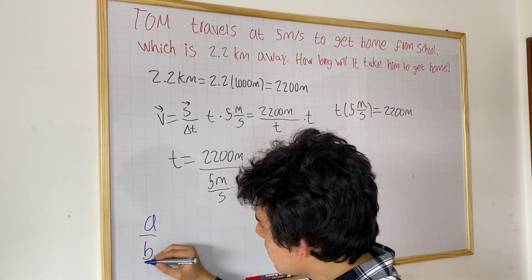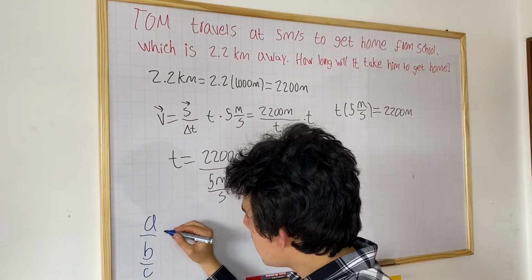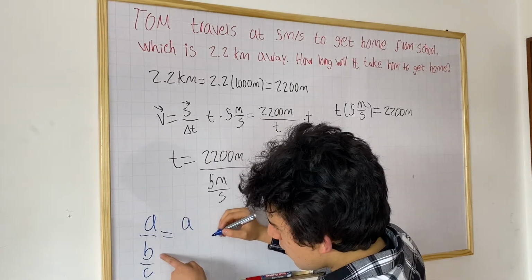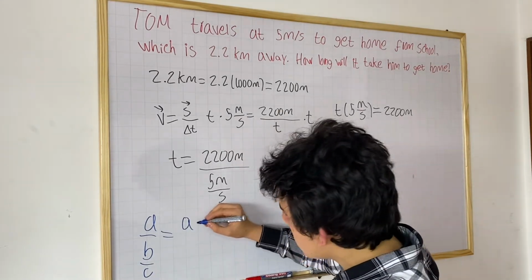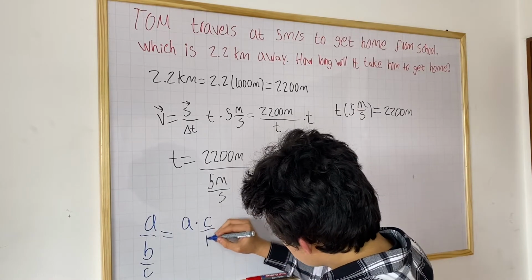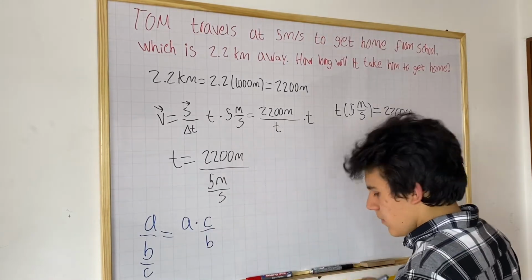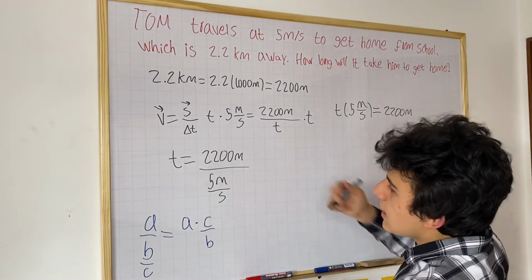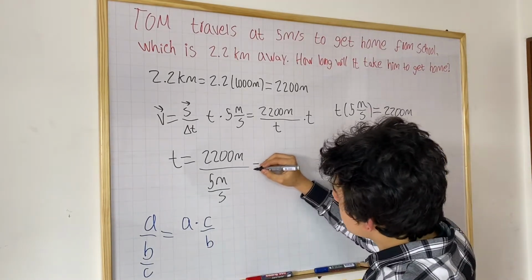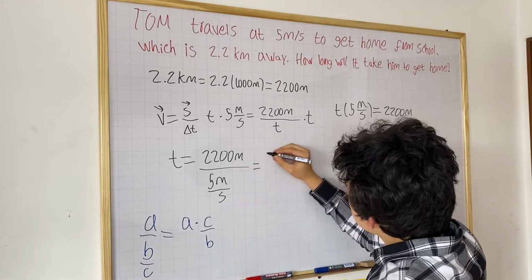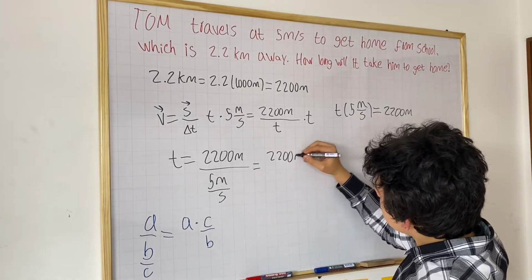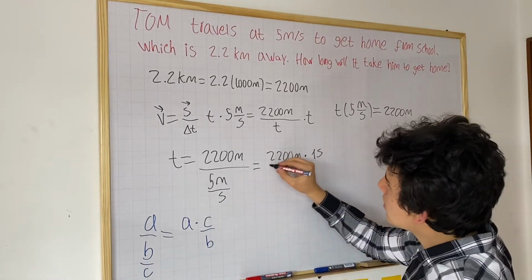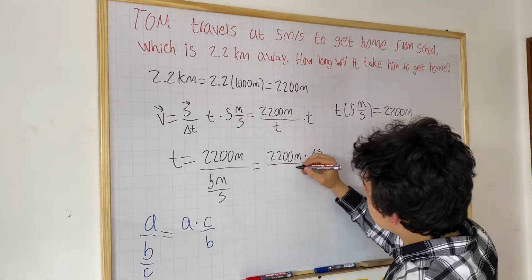A divided by V over C, you could say, is the same as if you had A times the inverse of V over C, which is C over V. Okay, so now if we apply this rule up here, we would get that this is going to be equal to 2,200 meters times 1 second, and all of this divided by 5 meters.